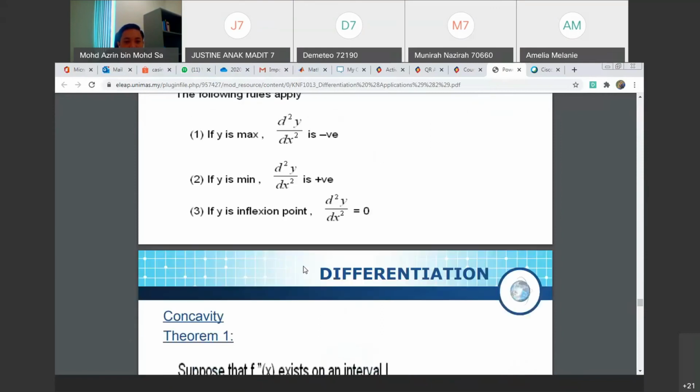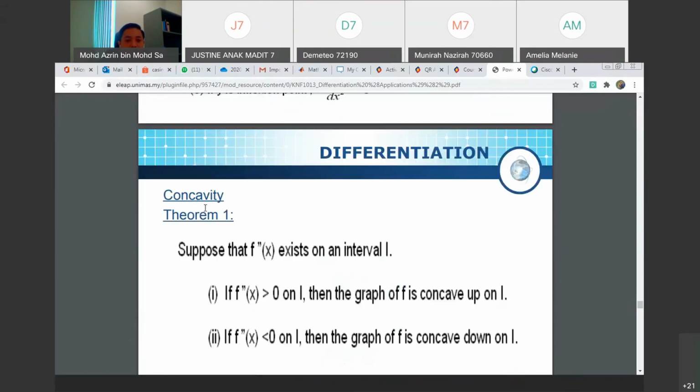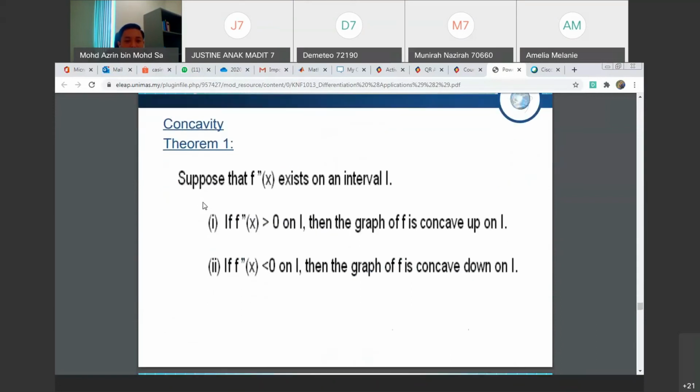Sama juga untuk concavity theorem 1: if second derivative exists on the interval I, so second derivative more than 0, so dia akan concave up. Tapi kalau second derivative less than 0, then the graph of f is concave down.